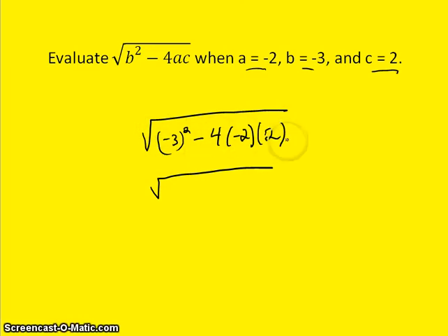Everything under the radical needs to be done first, then we can take the radical. Negative 3 squared, negative 3 times negative 3 is 9, minus 4 times negative 2 is negative 8, times 2 is negative 16. Minus a negative is like plus, so 9 plus 16 is 25. Square root of 25 is 5.